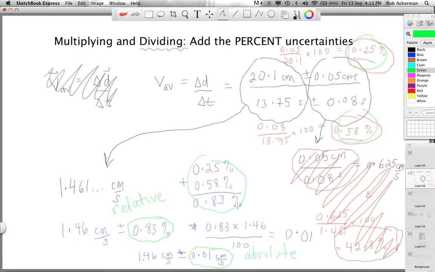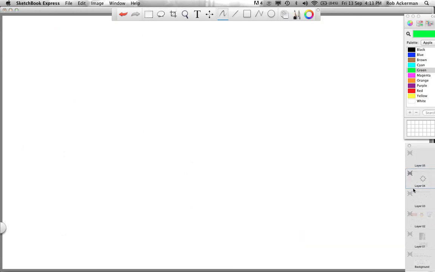They add to the percentage, which is the relative uncertainty of your calculated number. And if you want, you can convert that back to absolute form. Good news: when you multiply two measured numbers, as in area equals length times width, same thing. Add the percent uncertainties.